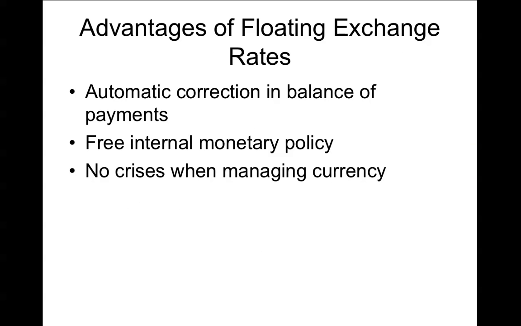The advantages of this kind of system are that there's automatic correction in the balance of payments, free internal monetary policy, as we'll see later on, and there are no crises when managing currencies, and we'll touch on that a bit later. But if you're interested in that, you can look at some specific places in your textbook and online to go through the logic of why those things happen.